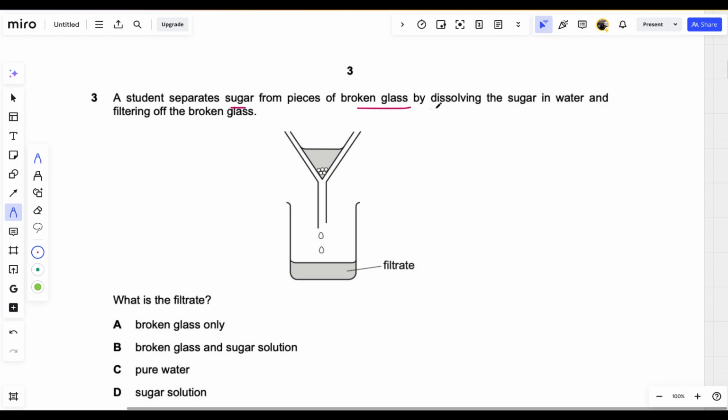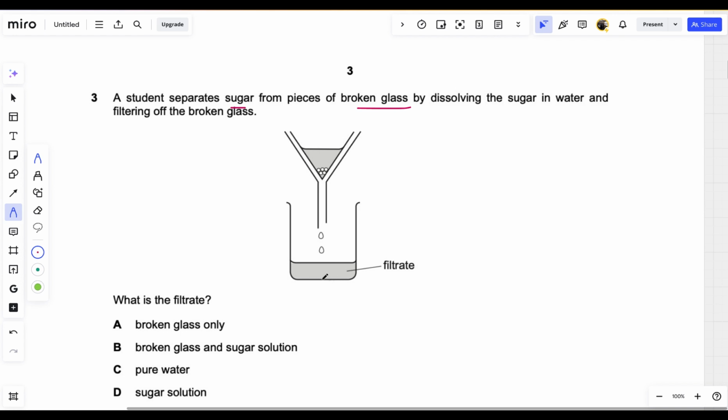So you dissolve them in water and pour them into a funnel through a filter paper. You get the residue. The broken glass will stay here, it cannot pass through the filter paper. The sugar that dissolves in water will come down as filtrate.